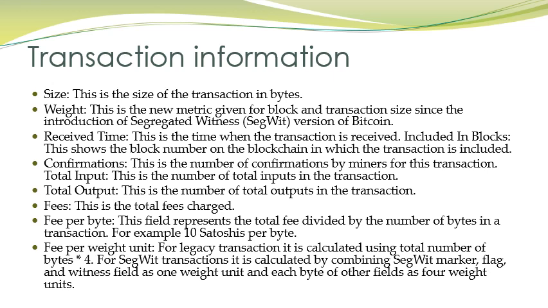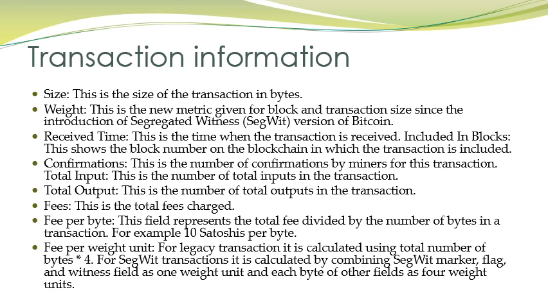Then confirmation is how many confirmations are received from the miners for this transaction. Then total input is the number of total inputs in the transaction. Total output is the number of total outputs in the transaction. Then fees is the total fee charged.